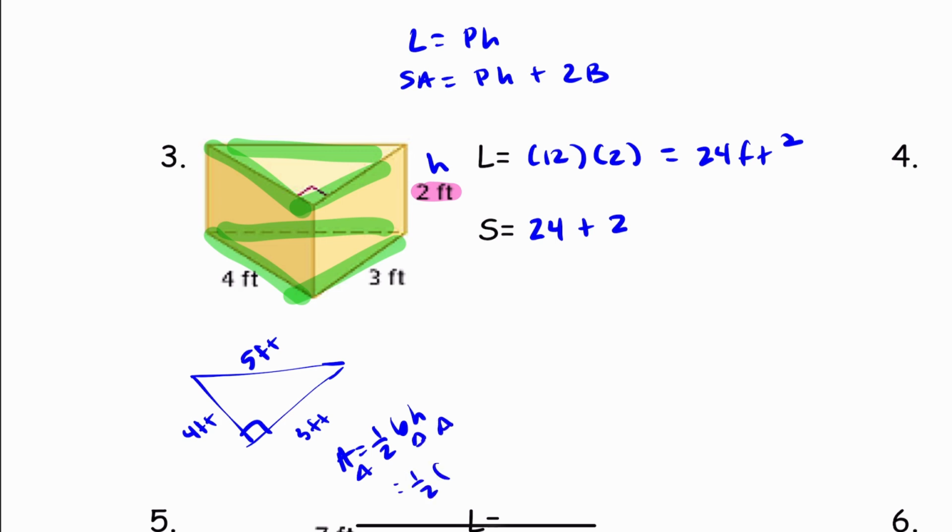So 1/2 of 3 times 4. So you can say that that's 6, because 1/2 of 4 is 2. 2 times 3 is 6. So I have 24 plus 12. You will get 36 square feet. Okay, so we just found the lateral area and the surface area for this problem.